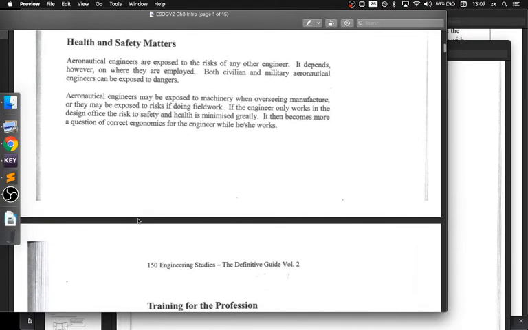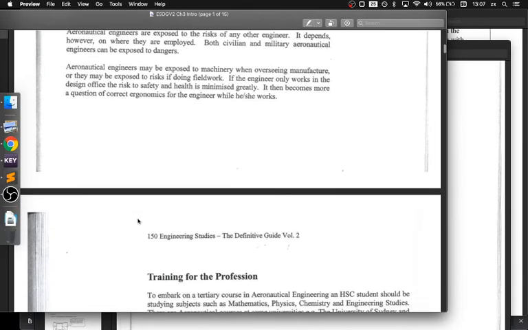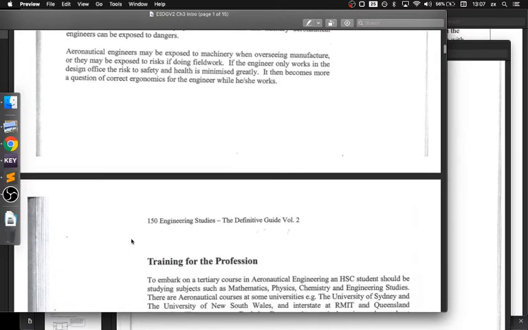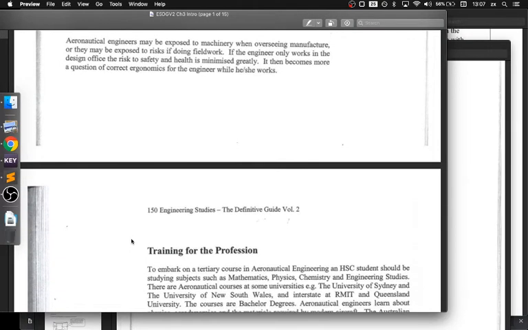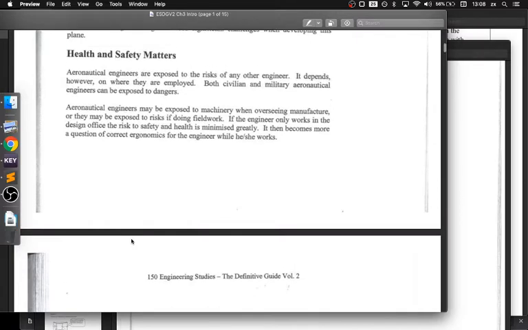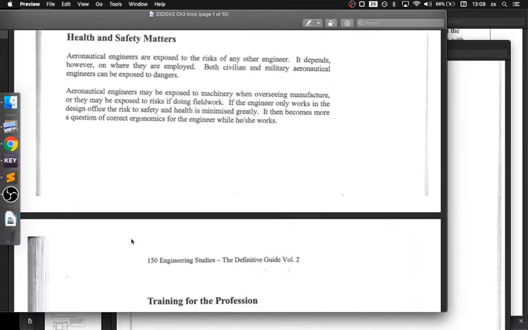Okay, so health and safety matters. Civilian and military aeronautical engineers can be exposed to dangers. Well, that's true of every field. Like right now as a teacher, we're balancing risks. But what are the main risks to health? In terms of exposure, the biggest risk to ground crew and to pilots is noise.